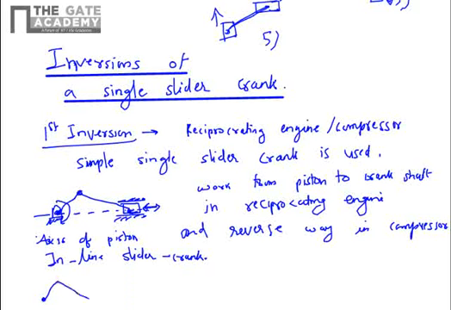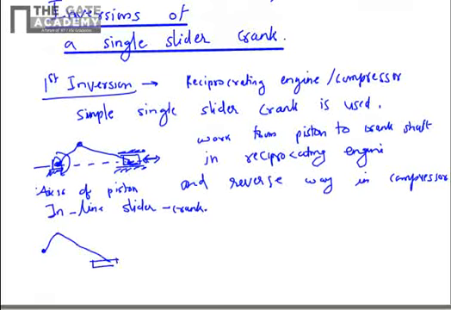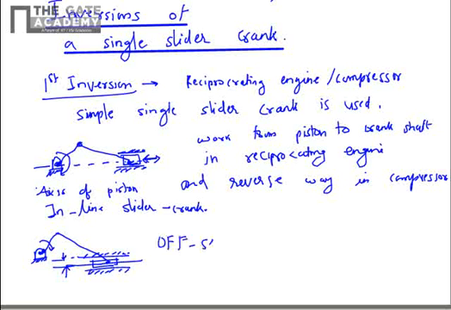And the other category is where the axis of motion of the piston is off center to the crank center. So there is a gap between both. So this is called offset slider crank.